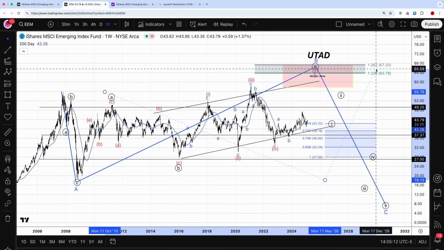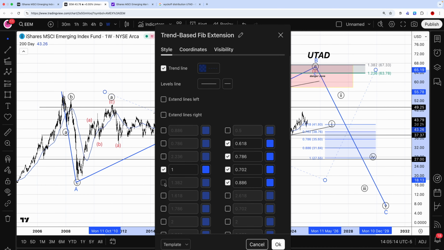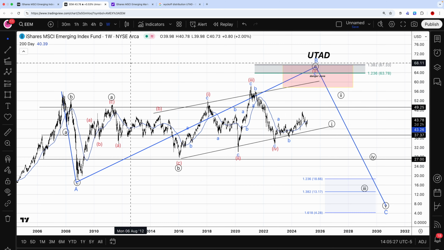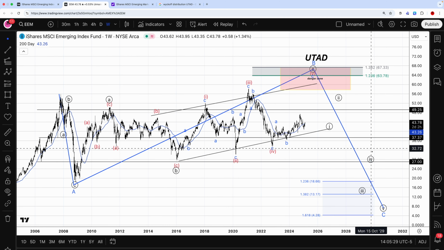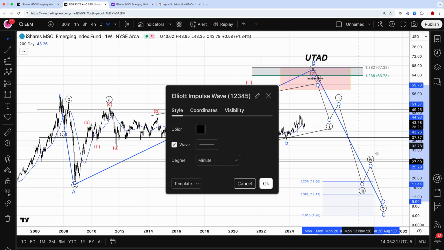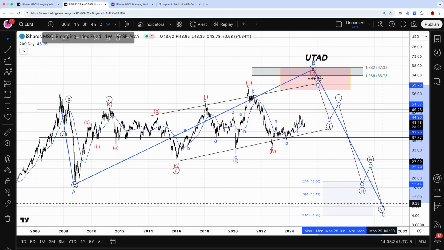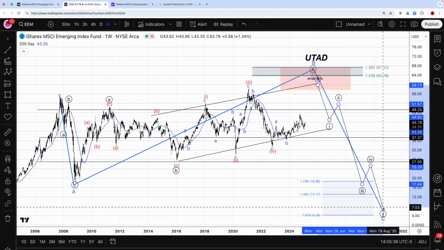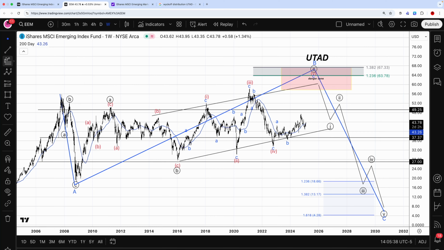So we'll put it right there. And we'll take a look at all of these fibs here. We'll mainly take a look at the 1.382, 1.618, and 1.236 extension. So it would look something like this.